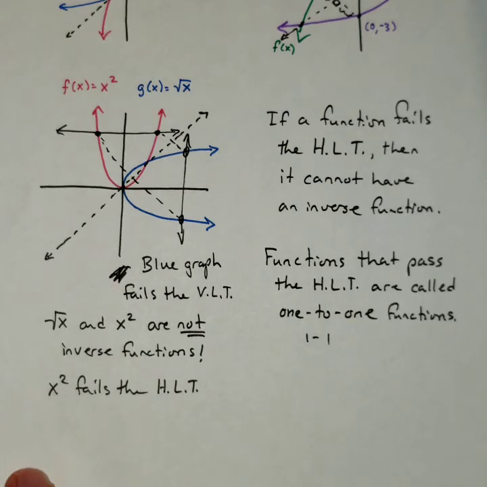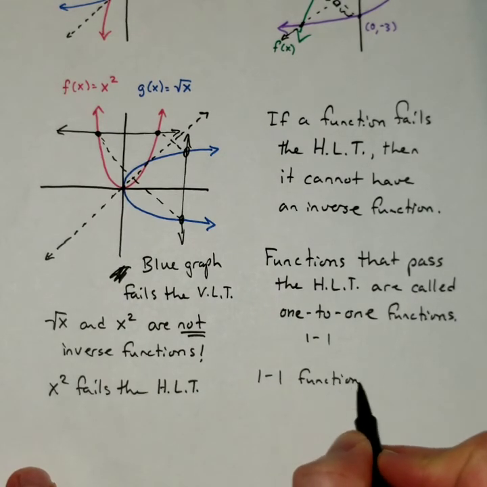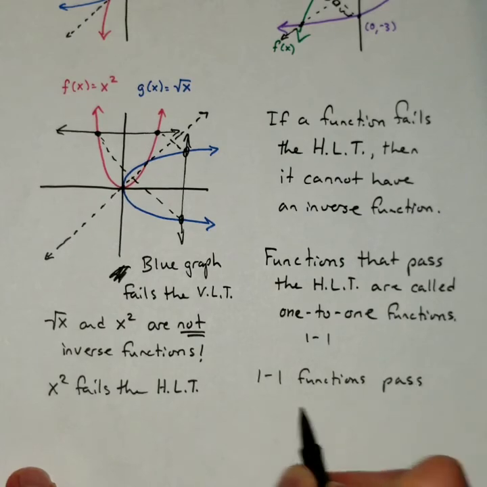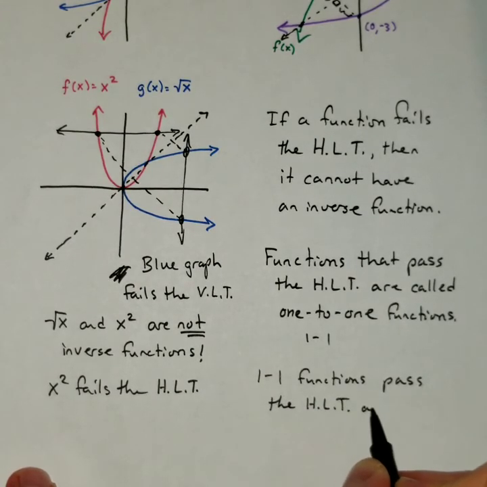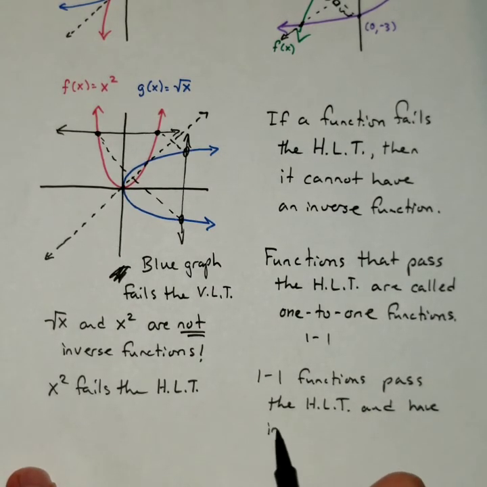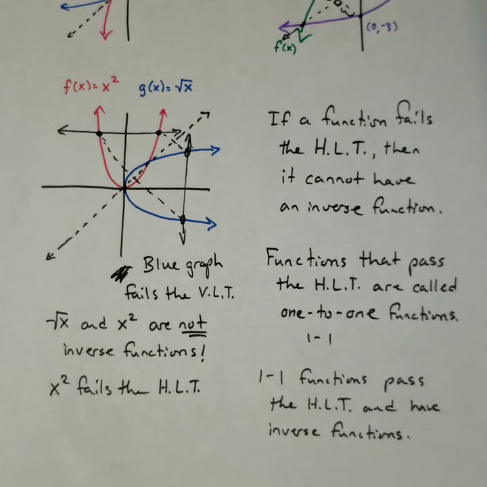Okay, so a 1-to-1 function will have an inverse, and they will also pass the horizontal line test. So 1-to-1 functions pass the horizontal line test and have inverse functions. Okay. Cool.